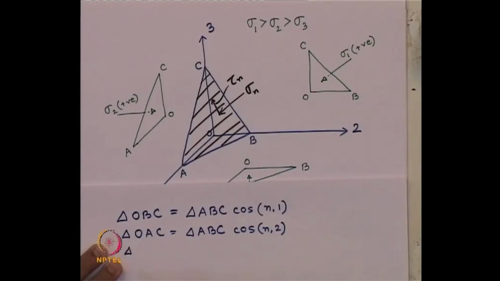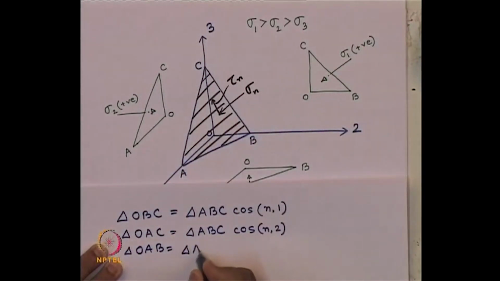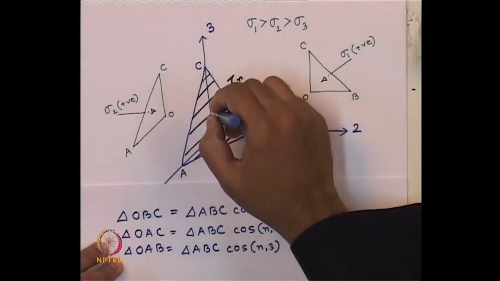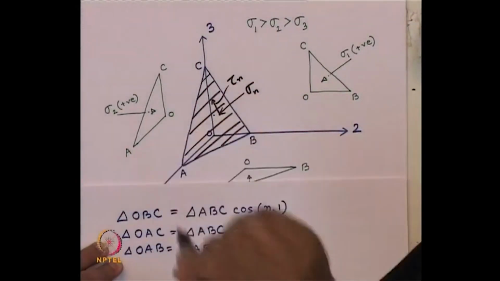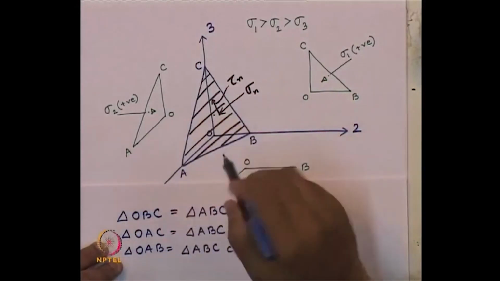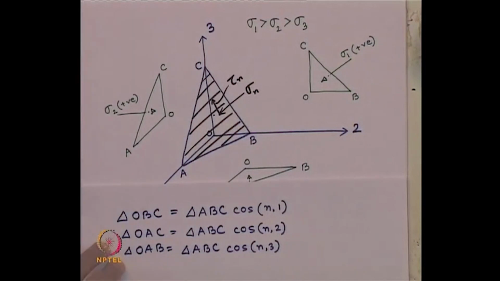And triangle OAB, this area should be area ABC times cosine of the angle between the nth plane and axis 3. So, the nth plane's normal direction is nothing but perpendicular to this one. Okay. So, that nth axis: n with respect to 1, n with respect to 2, n with respect to 3. These are the 3 angles.